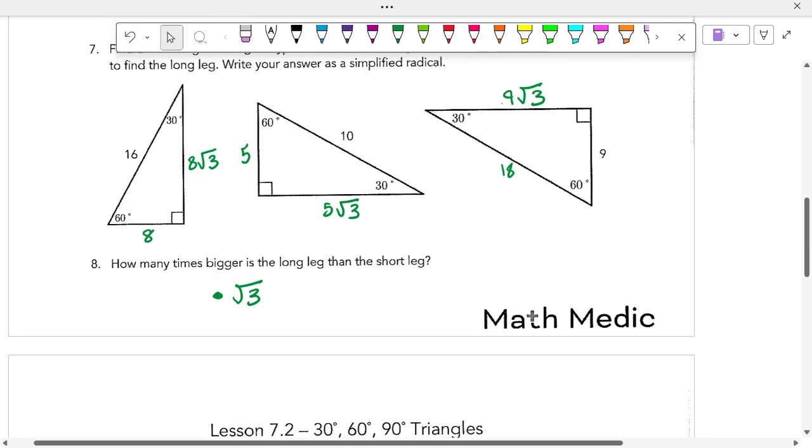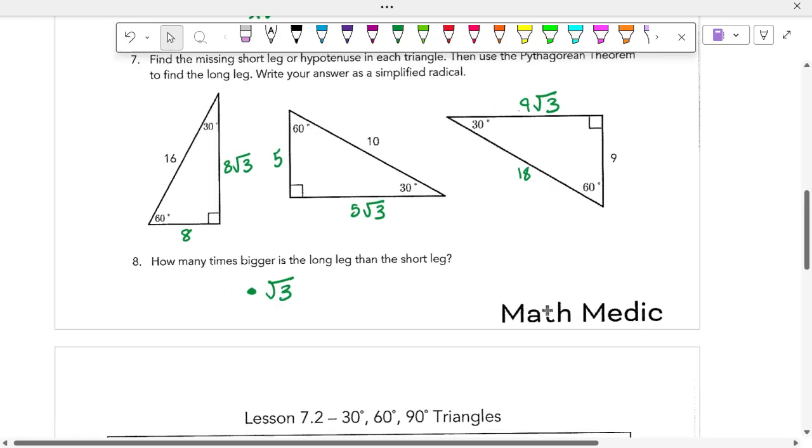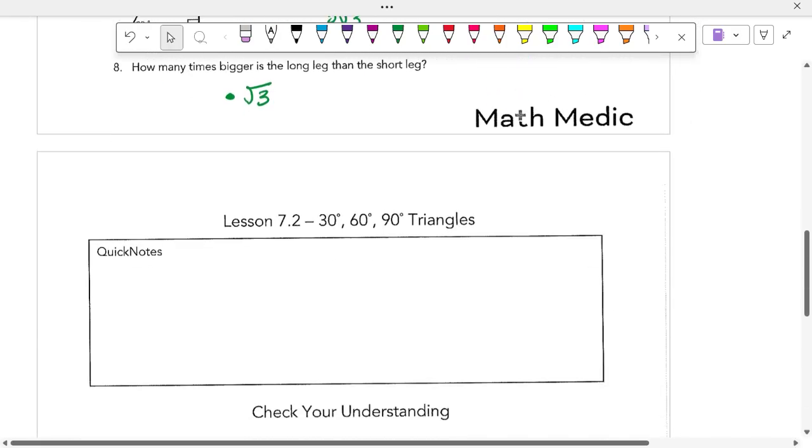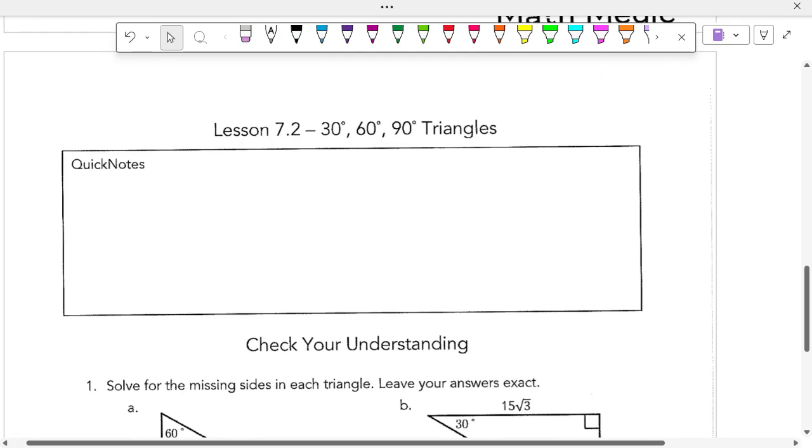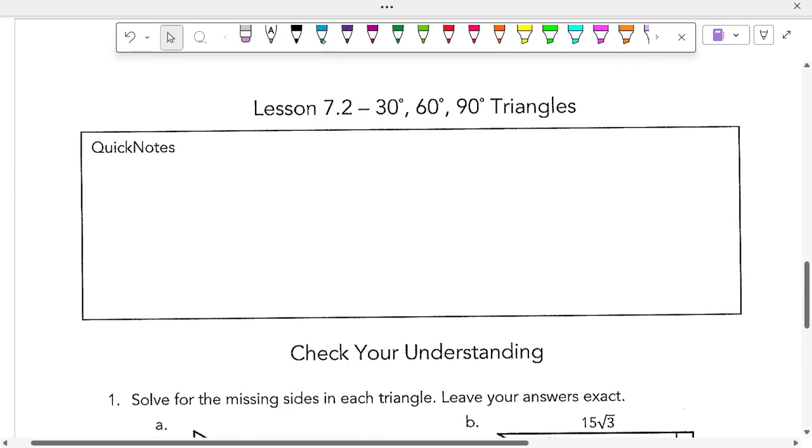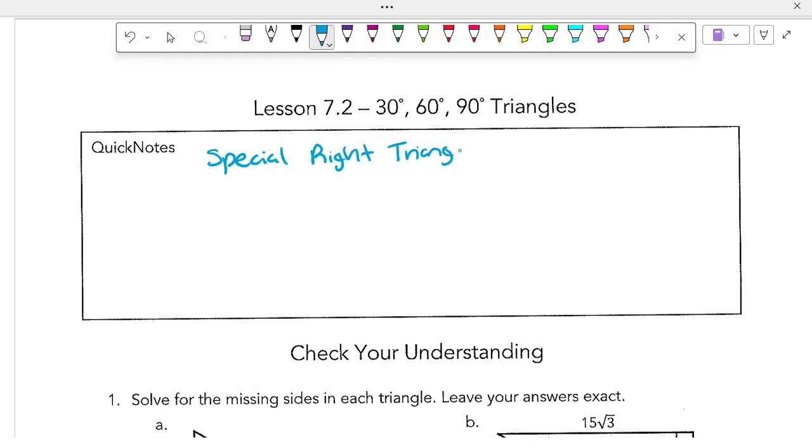Essentially what you just did is you discovered the rules for a 30, 60, 90 triangle. So if we look at the right side, once again, this is a type of special right triangle, and it's specifically the 30, 60, 90 triangle.